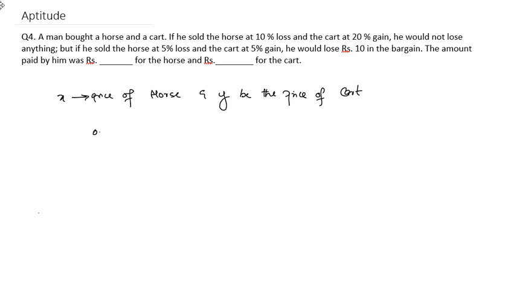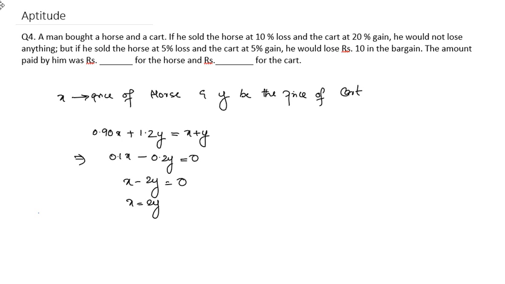So 0.9X plus 20% gain, that means 1.2Y, should be equal to his total cost, that is X plus Y. Which comes to 0.1x minus 0.2y equals 0, or in other terms multiplying by 10, x minus 2y is equal to 0, or x is equal to 2y.